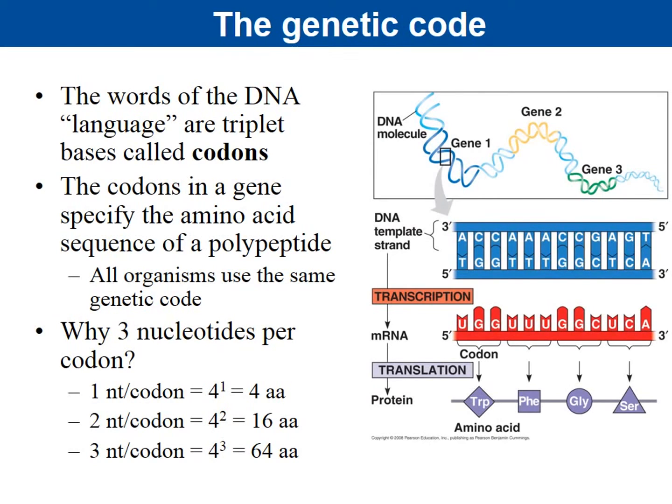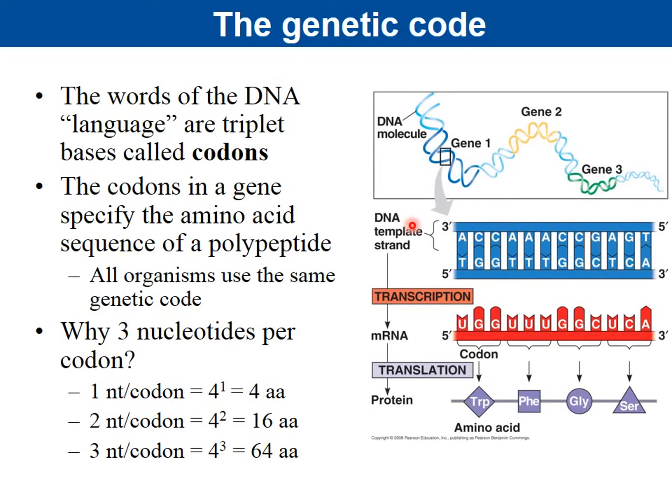Now, the words of the DNA language are triplet bases that are called codons. And the codons in a gene specify the amino acid sequence of a polypeptide. So remember that in DNA replication, if we look at a strand of DNA, both strands serve as the template.